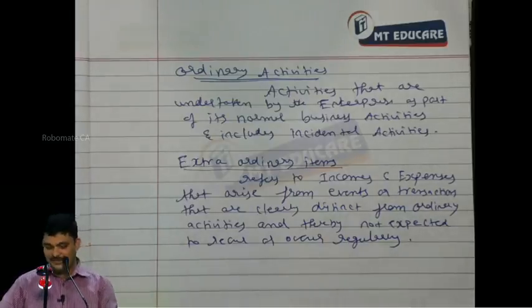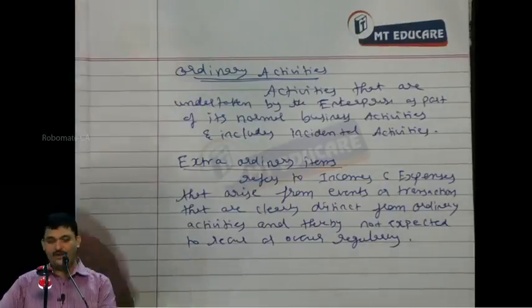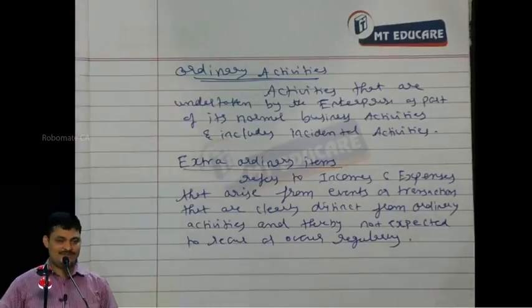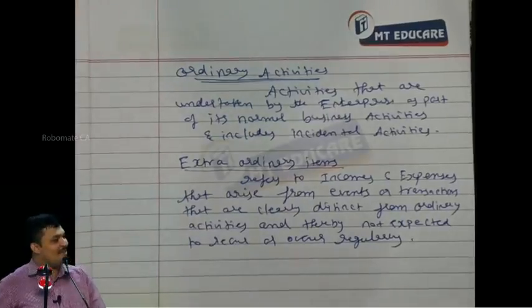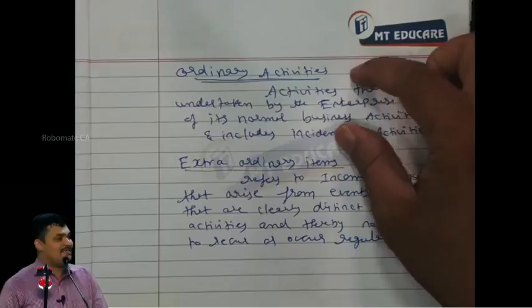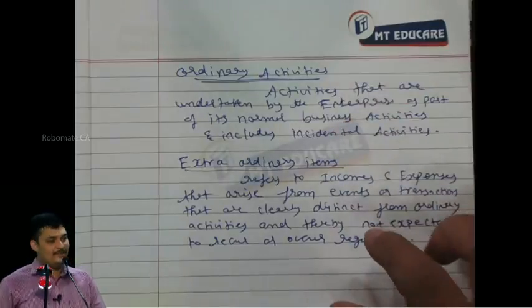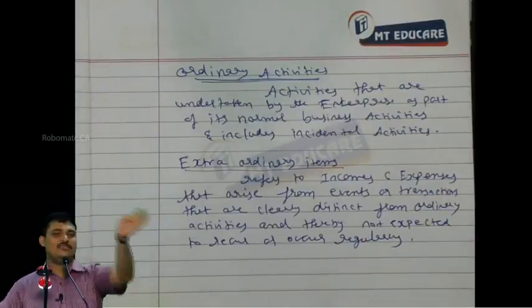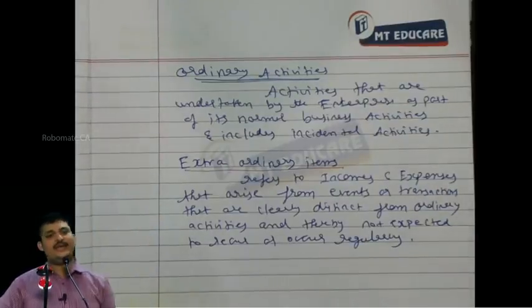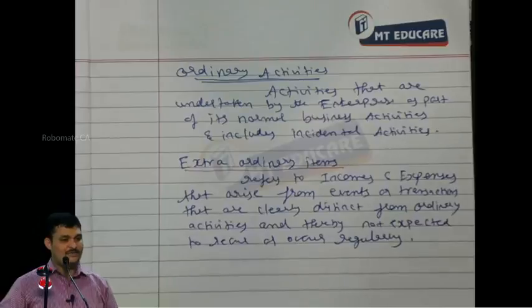So that way, now you could distinguish ordinary and extraordinary. The primary distinction is made between ordinary and extraordinary because the P&L will have income and expense clearly distinguishable into ordinary items as well as extraordinary items. Right?